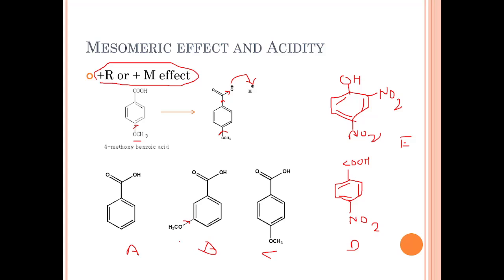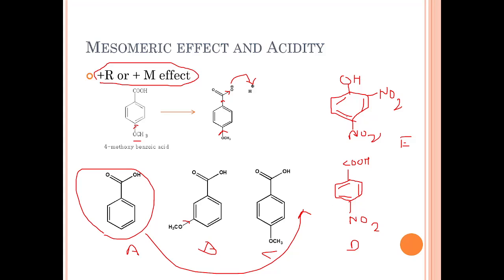So, OCH3 will exert plus M effect and decreases the acidity, whereas para-nitro, that is nitro group, will exert minus M effect and increase the acidity. So benzoic acid will be somewhere here in between nitro and methoxy because these two are less acidic than benzoic acid, whereas para-nitro benzoic acid will be more acidic than the benzoic acid.